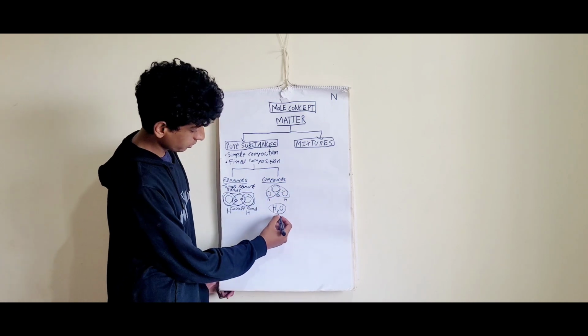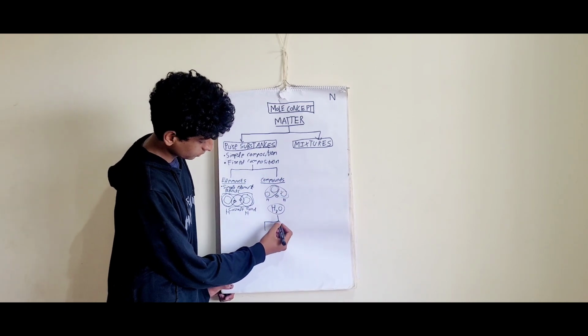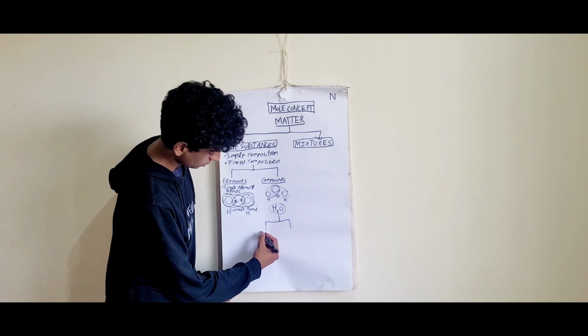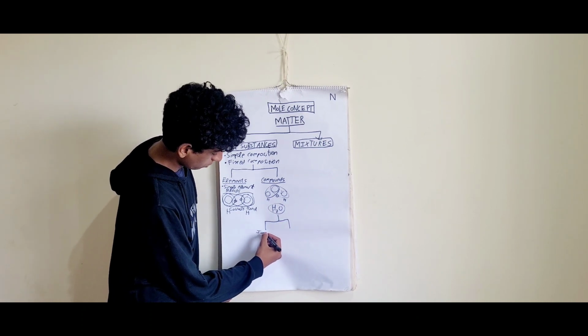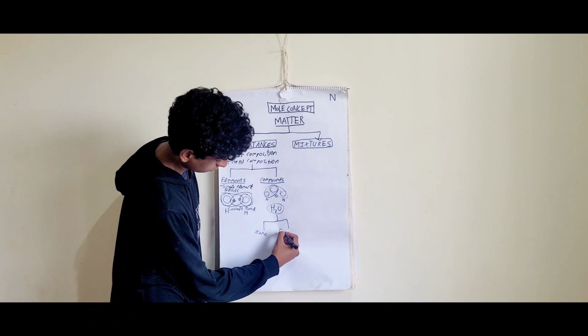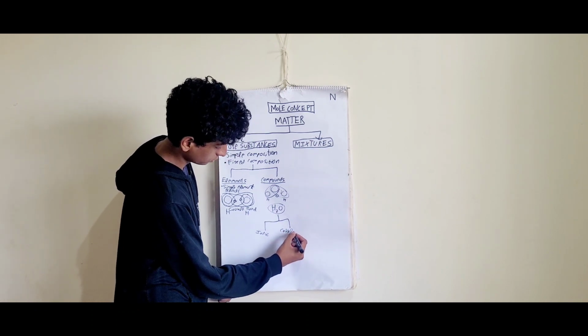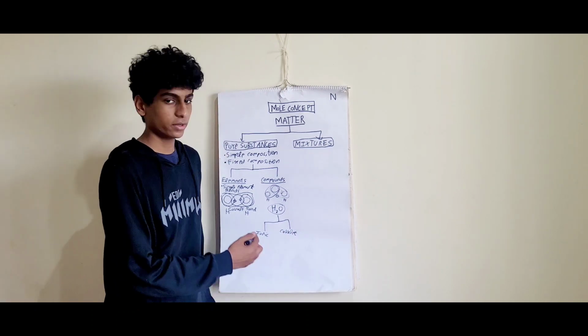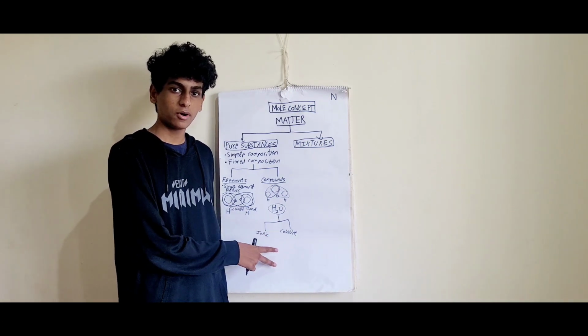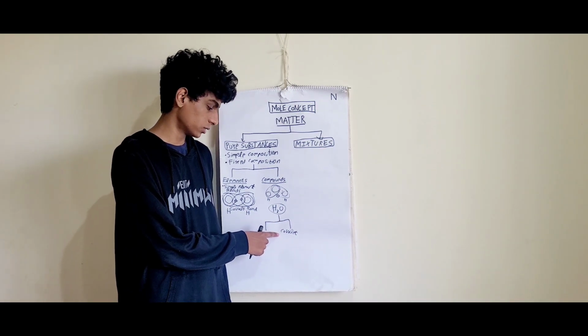So compounds can be further divided into different kinds of bonds, that is ionic bond and covalent bond.